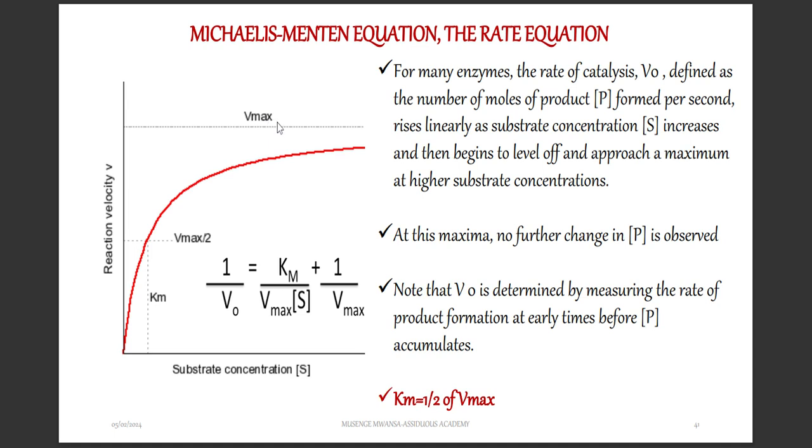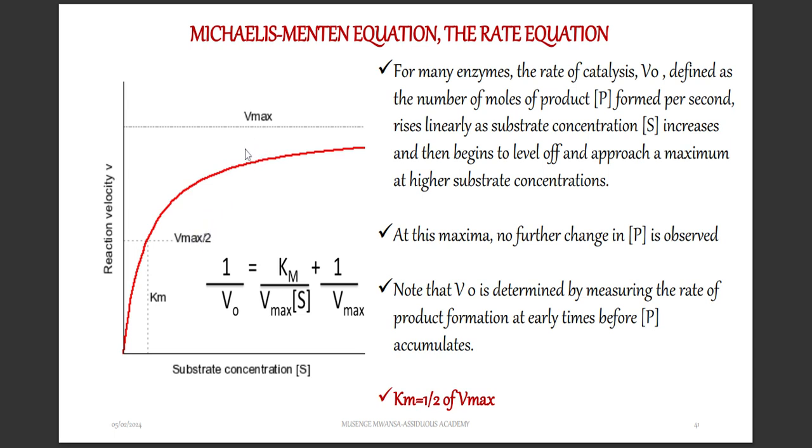Now, let's say for this enzyme its maximum speed is 10 meters per second. Half of the maximum speed is going to be 5 meters per second. So that is known as Vmax over 2. Hope you are getting this.